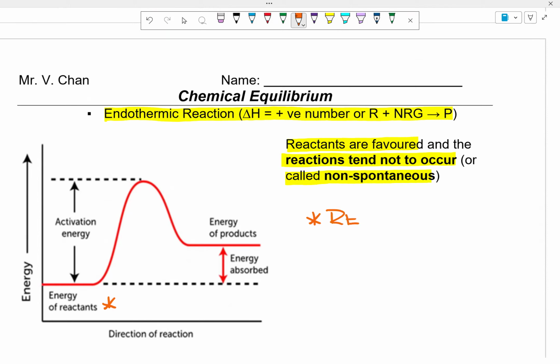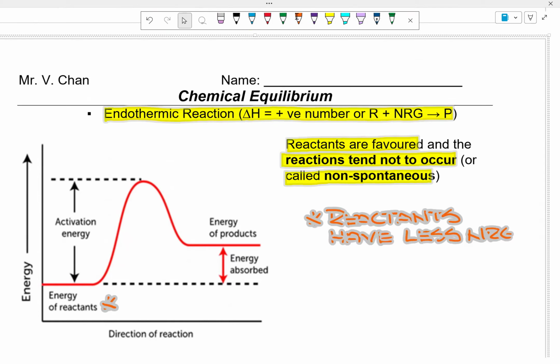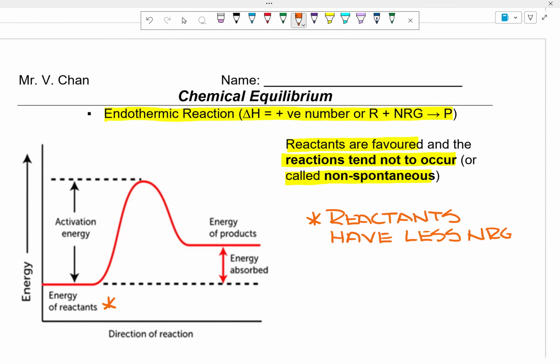The reactants have less energy, therefore more stable. So for an endothermic reaction, you're going from an area of low energy, more stability, to products having more energy, so more unstable.